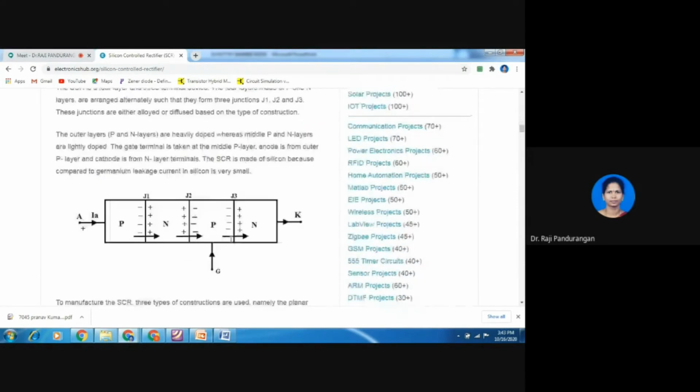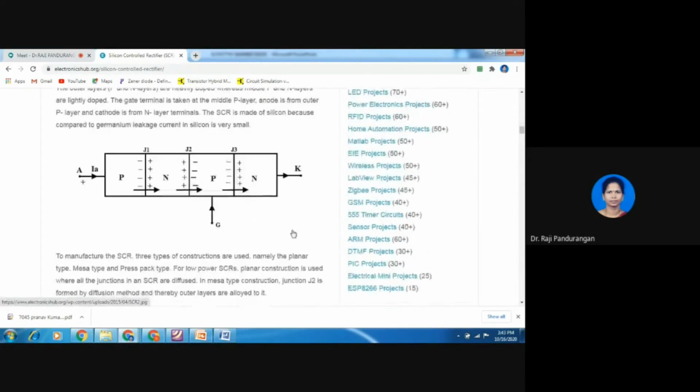Now how the operation goes on: based on the gate voltage, if the gate voltage is very less, it indicates the amount of reverse bias voltage applied to J2 is increased, and then at that time we can say that breakover voltage will be very high.